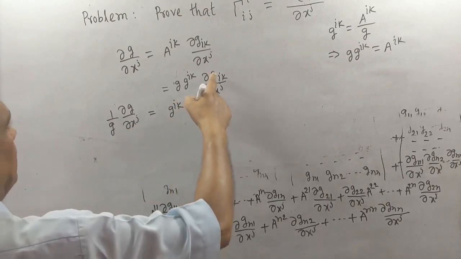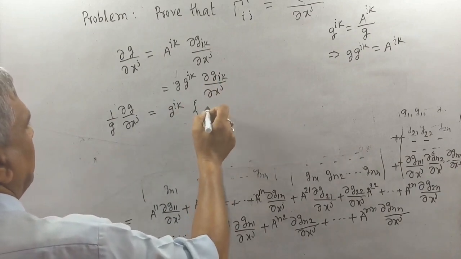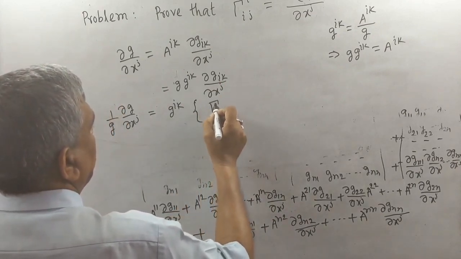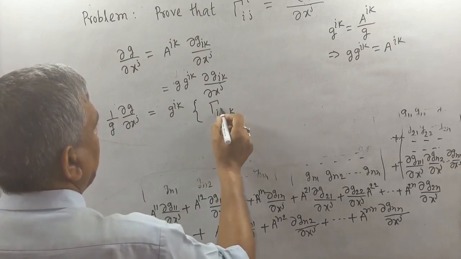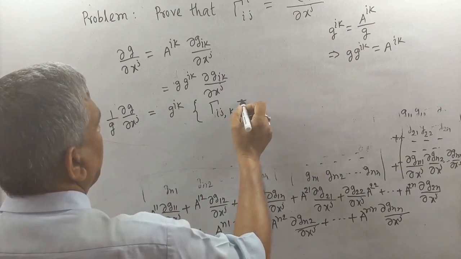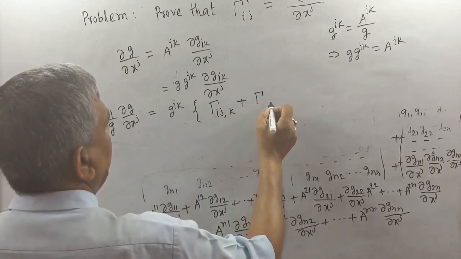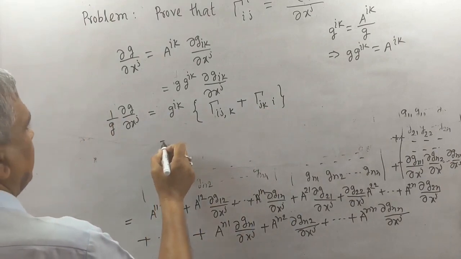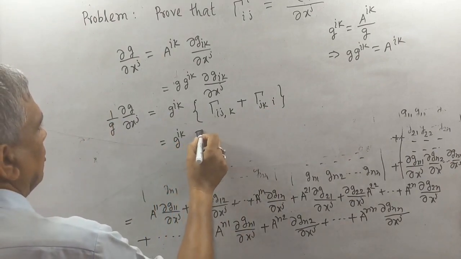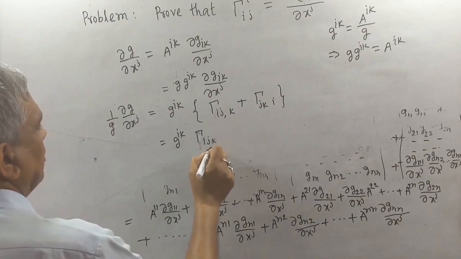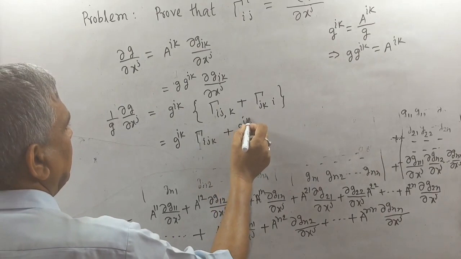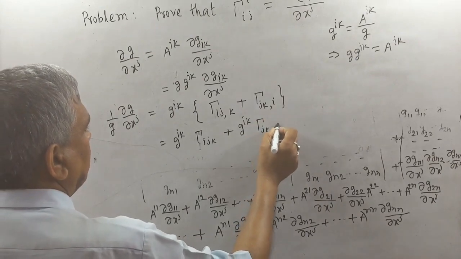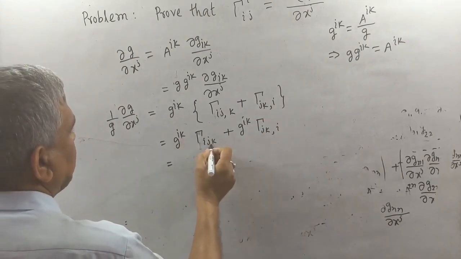We may write this in the form of Christoffel symbols of the first kind: g^ik ([ik,j] plus [jk,i]), where i and k are dummy suffixes.